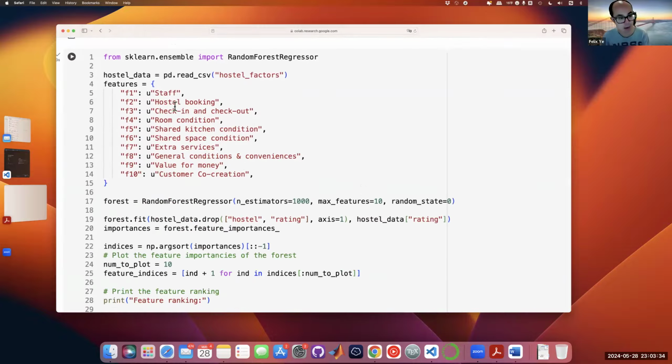These are all the features, and the rating is my target. Then we use a random forest regressor with 1,000 trees, and the maximum number of features is 10, which is all of them.